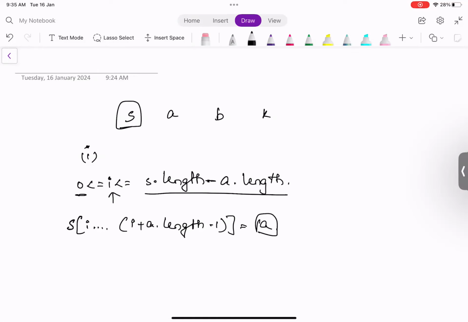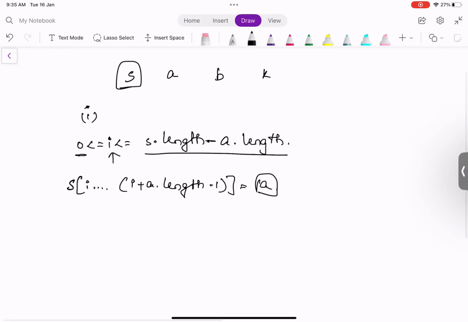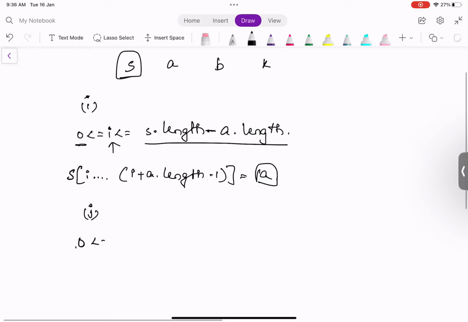Now, when we choose such an index i, there will also be an index j such that 0 less than or equal to j less than or equal to S.length minus B.length.